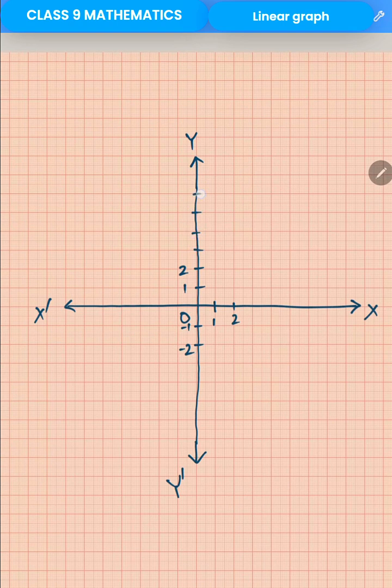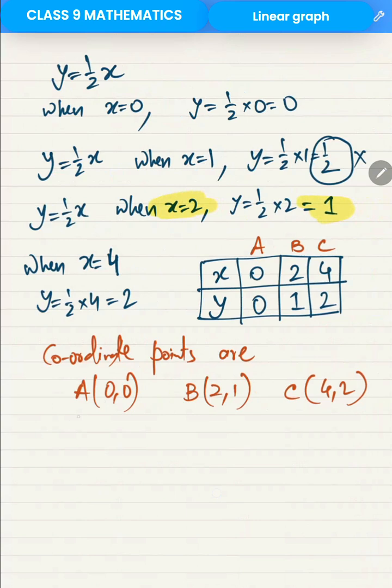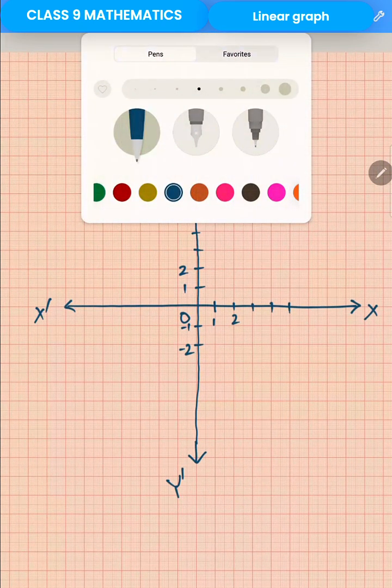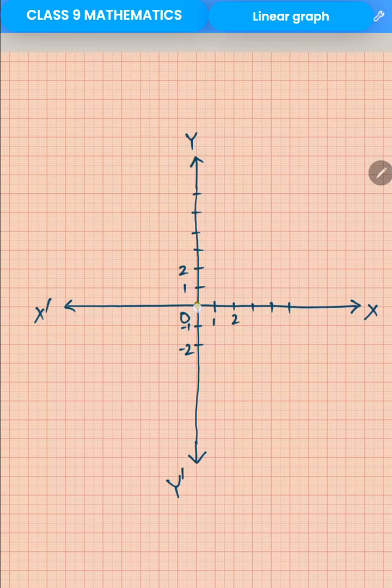Write negative 1, negative 2 on the negative side of x and y-axis. Now plot point capital A (0, 0). Remember, always write the coordinate in between the first bracket. Next, we plot point capital B (2, 1).